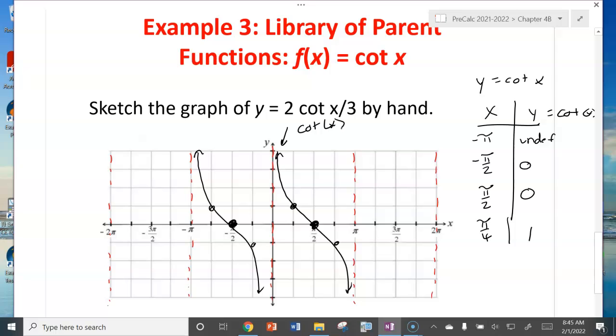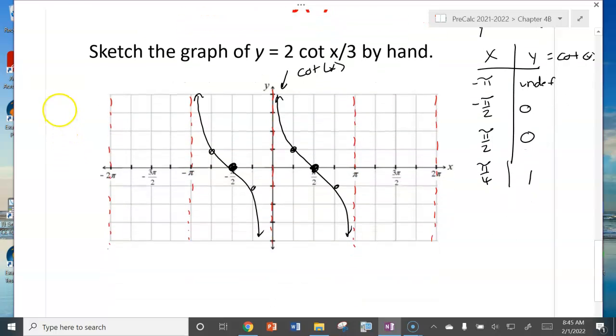Now we're going to apply our transformation, because we want to do 2 times the cotangent of x over 3. So think in terms of our parent function: y equals d plus a cotangent of bx minus c. And in here, d equals 0, c also equals 0.